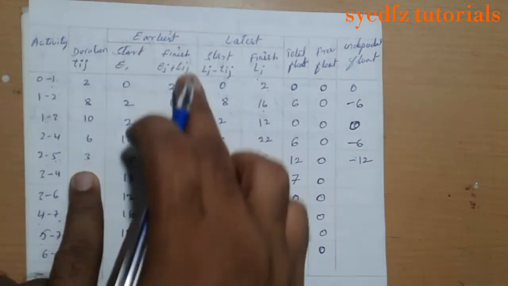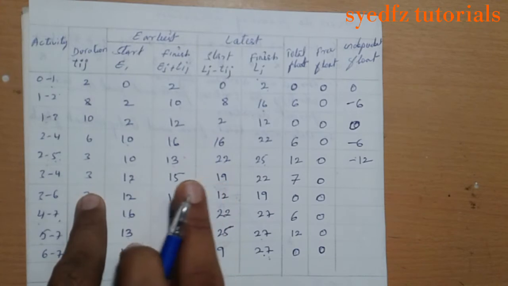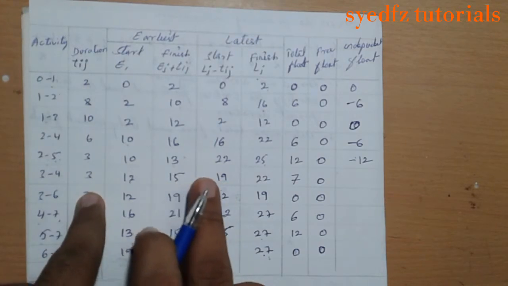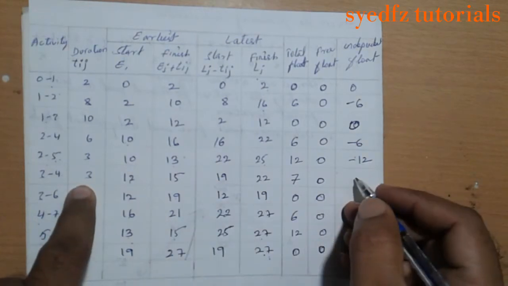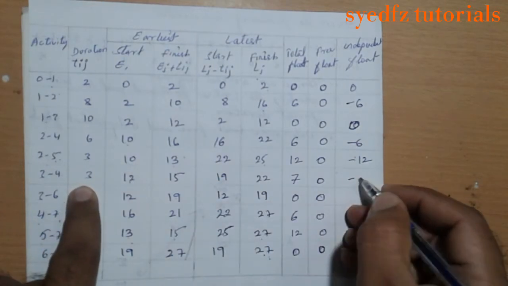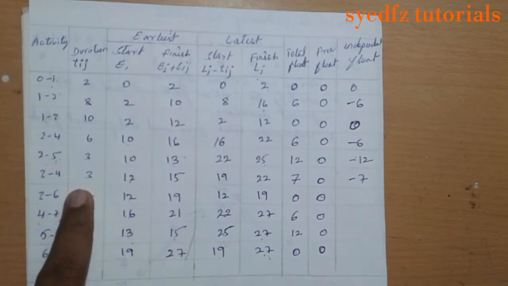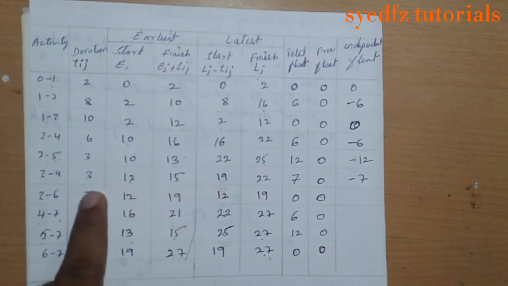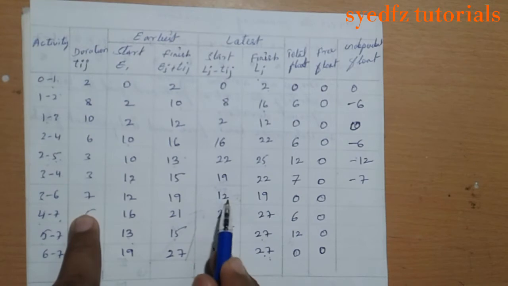Then the earliest finish is 15 minus latest start 19, that is minus 4. Minus 4 minus duration 3, so it became minus 7. Now earliest finish is 19 minus latest start 12, so it became 7.